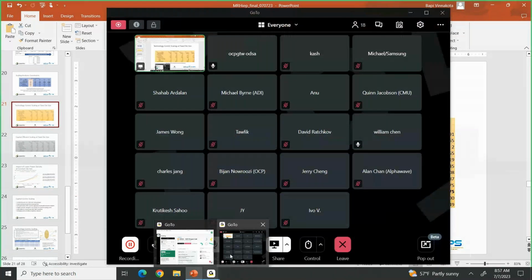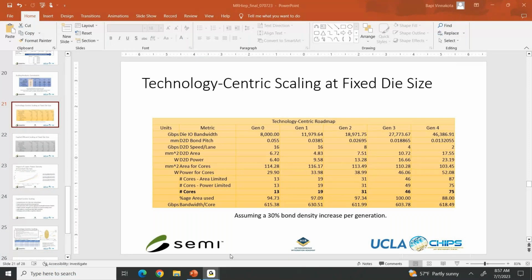From my perspective, if we just start thinking about pitch, getting lower and lower pitch, the first couple generations may be possible, but then it gets much more expensive and difficult.